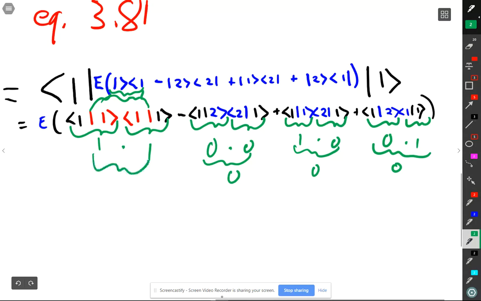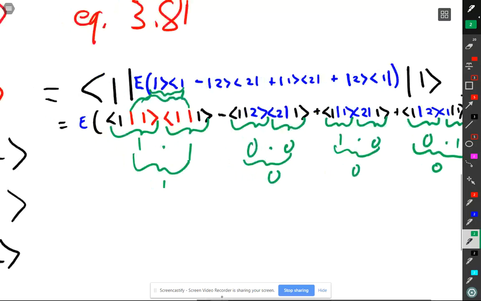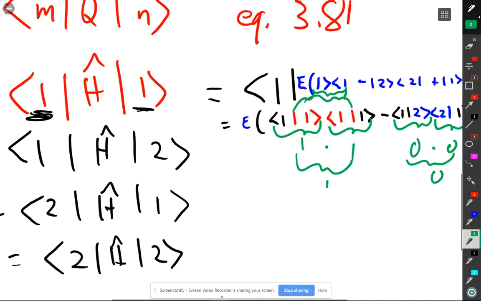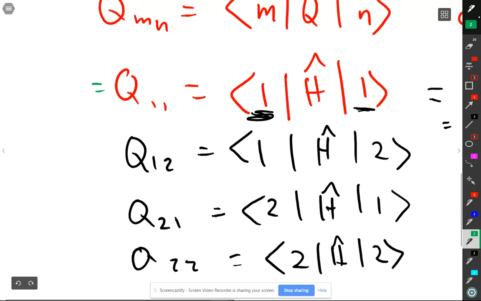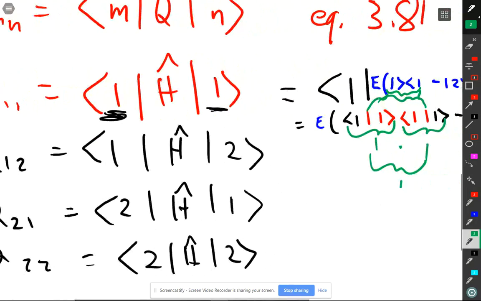But 1 times 1 gives me 1. And so the end result of all of this is that Q11 is equal to E. So we found the first spot in our 2 by 2 matrix.